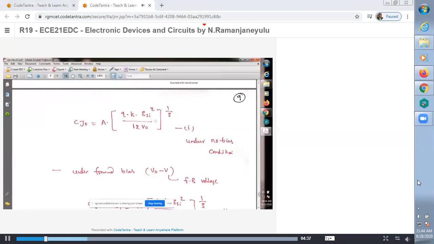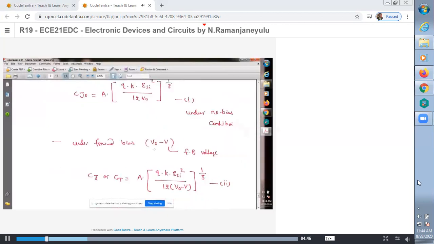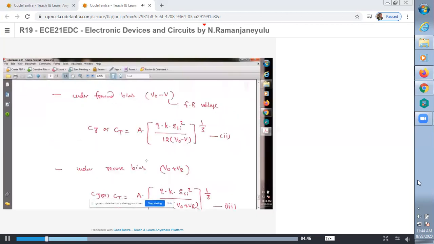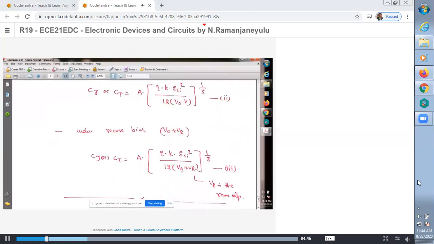Right, once we know the Cj naught, now for Cj in forward bias, just replace V naught with V naught minus V. In reverse bias, replace V naught with V naught plus Vr. Right? Okay. So this is about the previous class discussion: capacitance derivations for step graded junction as well as linear graded junction.